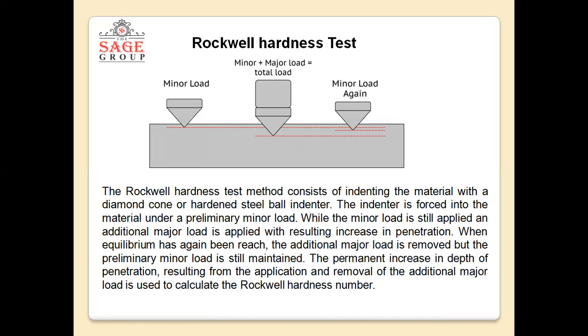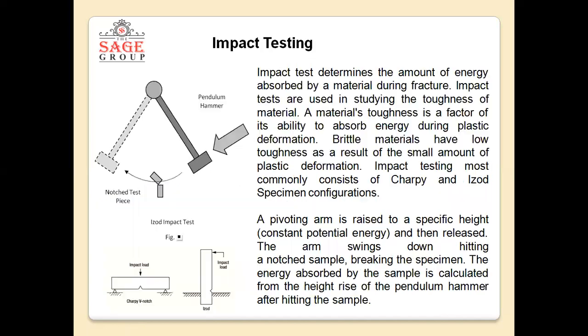The permanent increase in depth of penetration resulting from the application and removal of the additional major load is used to calculate the Rockwell hardness number. The Rockwell hardness number is most commonly used in industries.